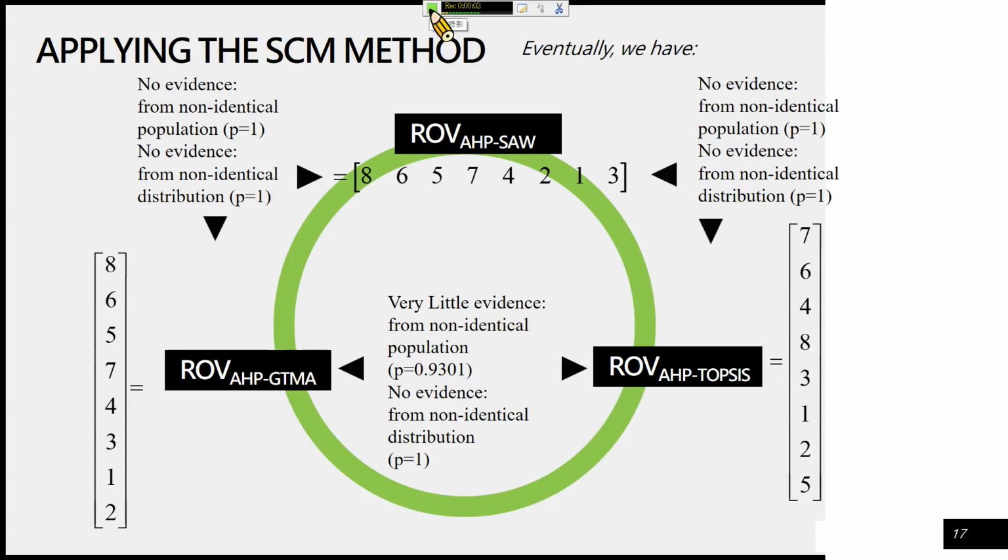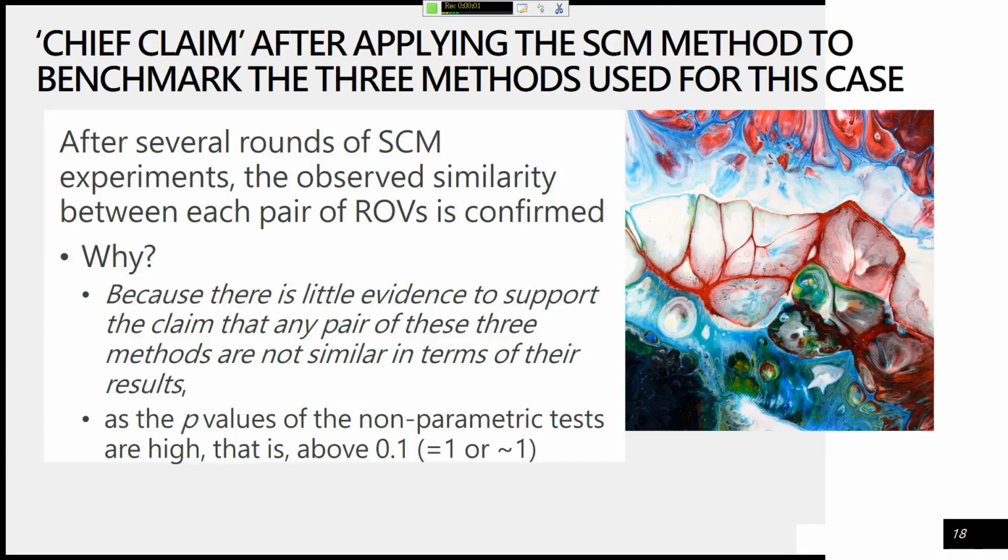As a consequence of using the SCM method, there is no evidence to show that the three ROVs are from non-identical populations, and there is no evidence to show that they are from non-identical distributions when they are tested pairwisely, except for the very little evidence showing that the ROVs between AHP-GTMA and AHP-TOPSIS are not similar.